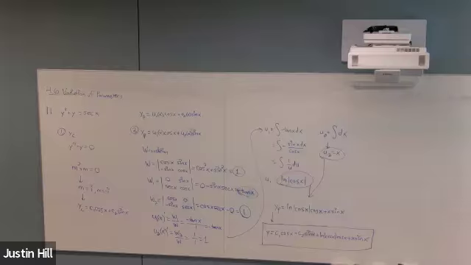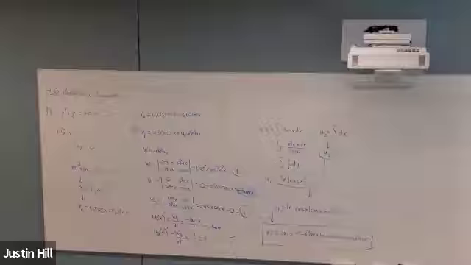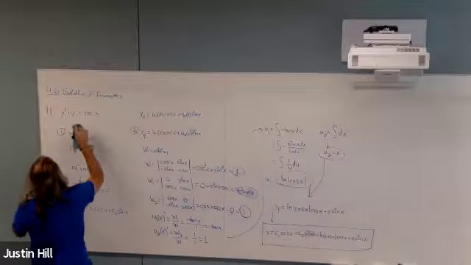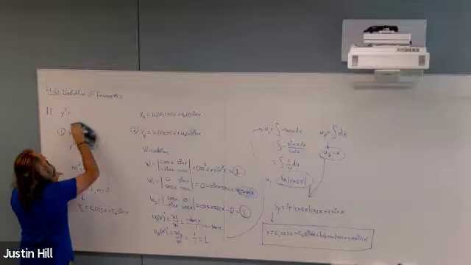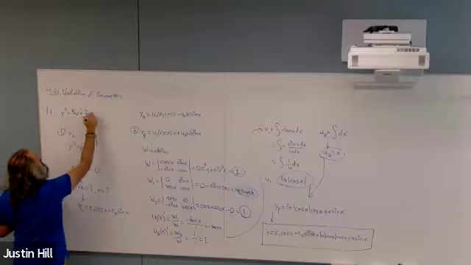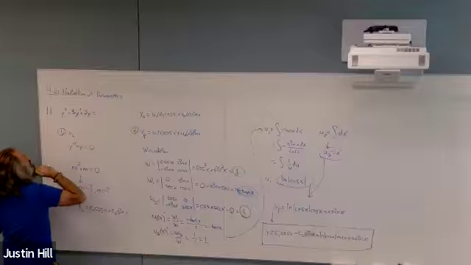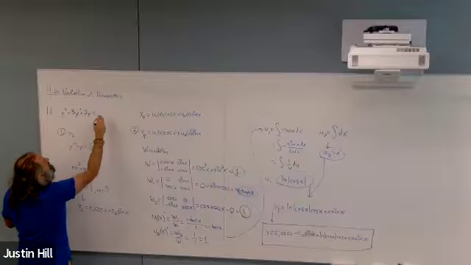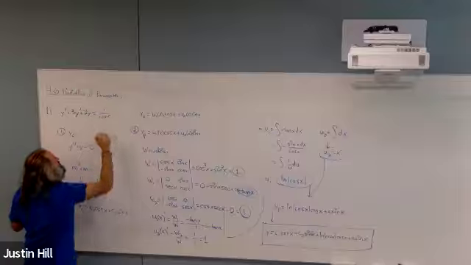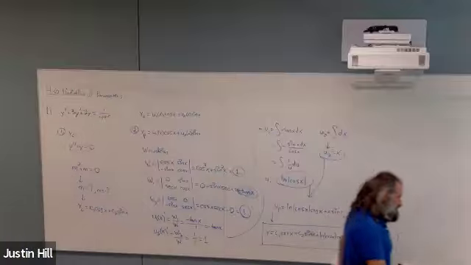So on 11, we're doing y double prime plus 3y prime plus 2y equals 1 over 1 plus e to the x. Sure I got that right.